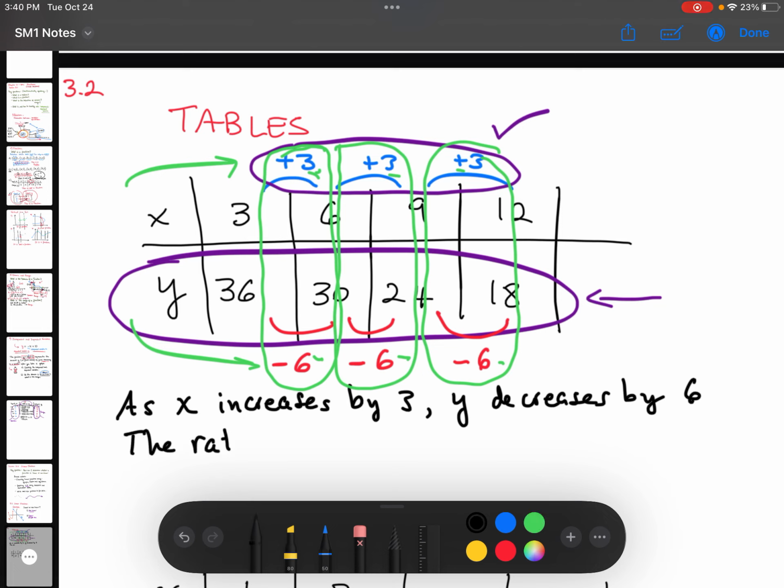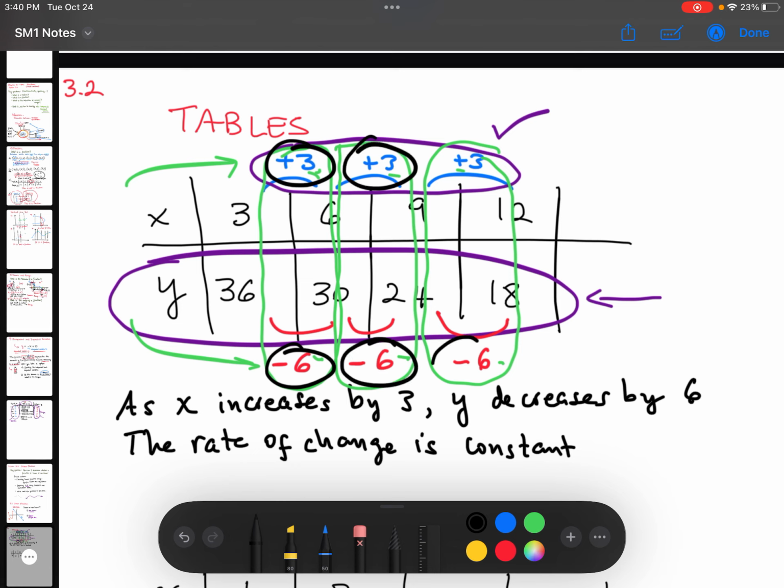This is an important concept that we're going to get back to soon. Since the rate of change is constant, that's our conclusion after I did the negative 6 and the 3. Hence, we have a linear function.